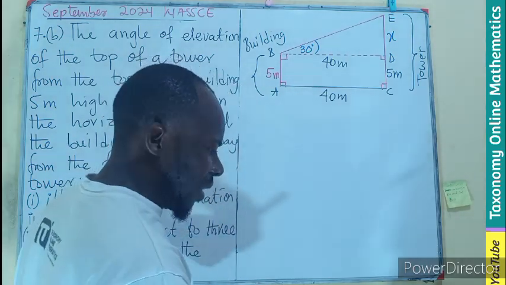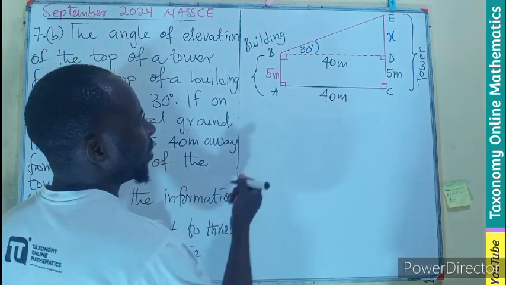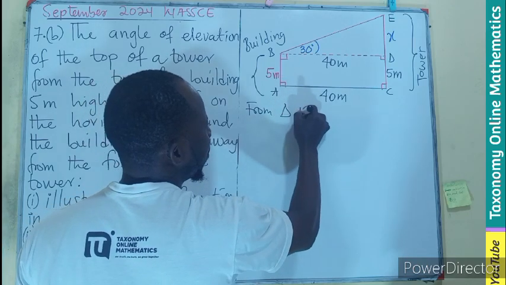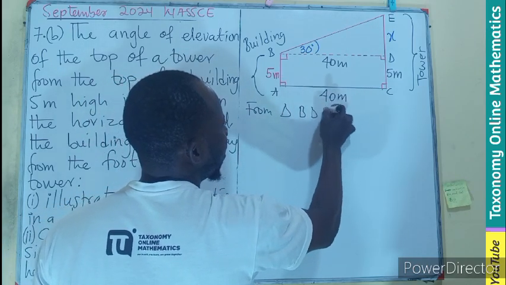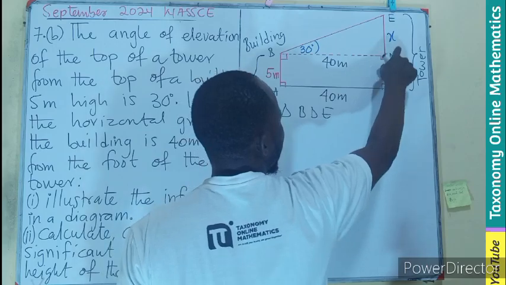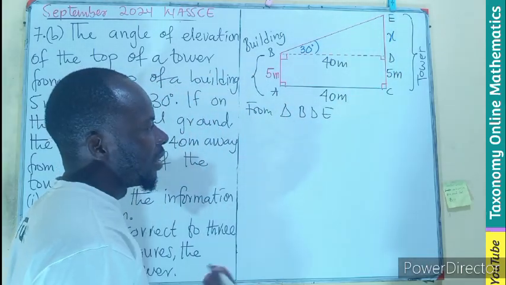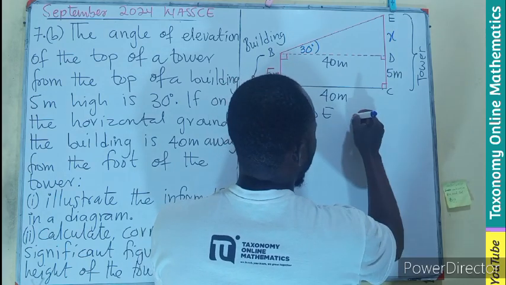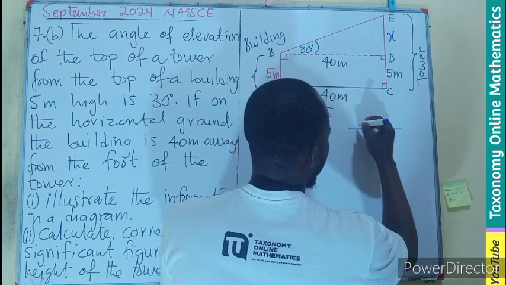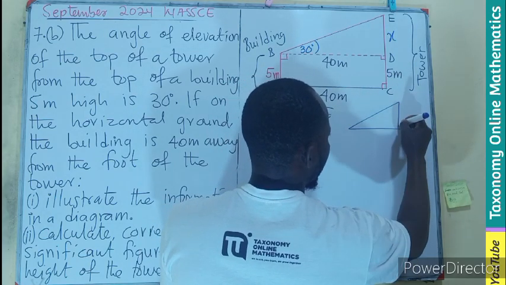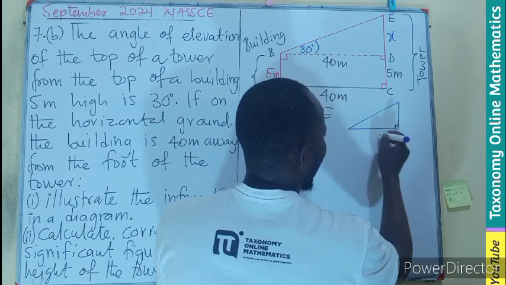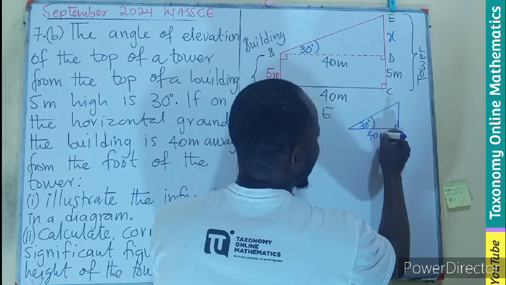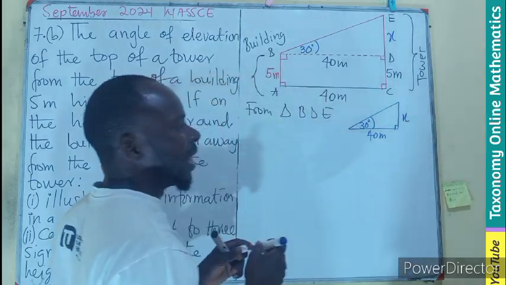So let's see if we can pick this, saying that from the triangle BDE, let's see if we can make a sketch of that also. That will be a right angle, so 30 degrees, 40 meters, and X meters.